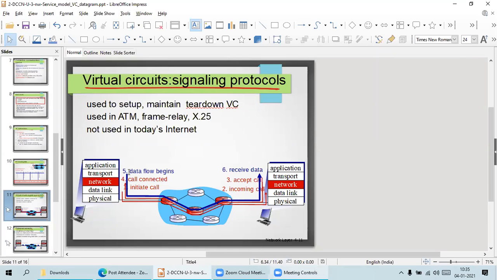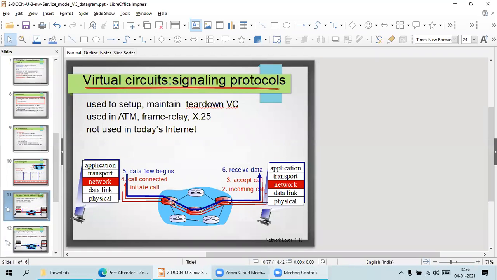Fifth, after connecting the call, he transmits data and talks to the person. Whenever he receives the data, he replies. After all this, you close the virtual circuit. These are the signaling protocols.